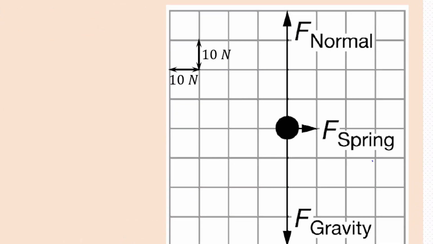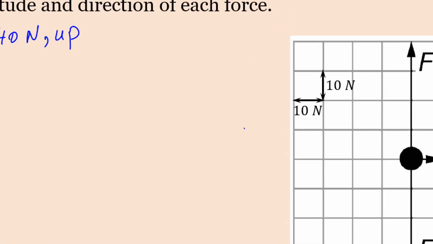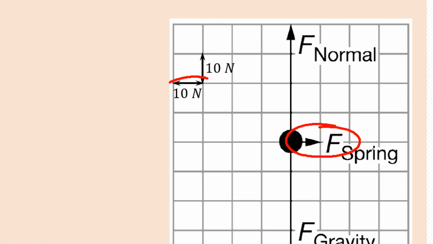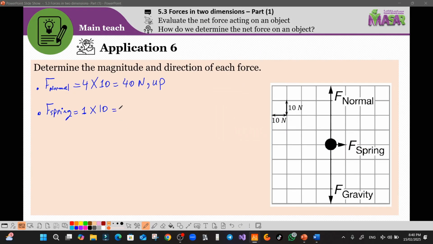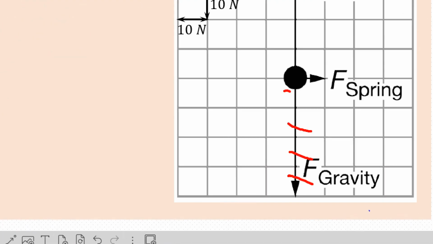Now for the F spring, this is the F spring. It consists only of 1 grid. Now the F spring is equal to the number of grids, 1, multiplied by the scale, and horizontally it's equal to 10 because this force is horizontal. I will take the horizontal scale, and the answer is 10 Newton to the right. Finally, let's find out the F gravity, which is equal to 1, 2, 3, 4 grids.